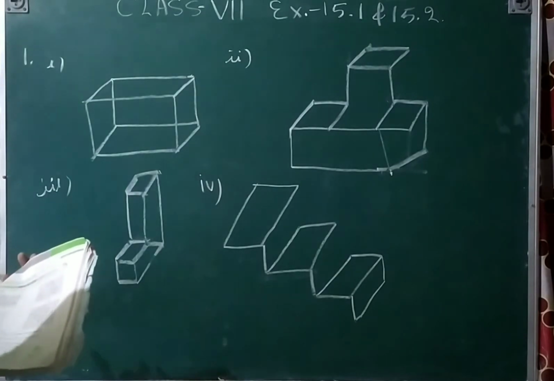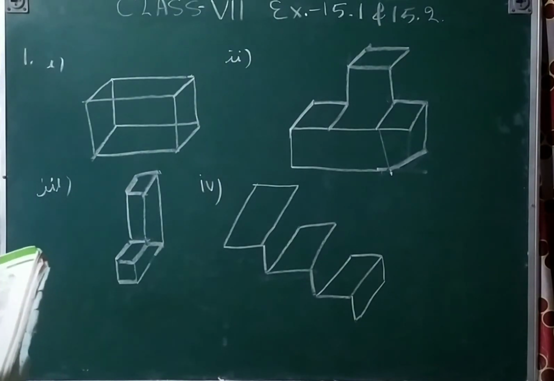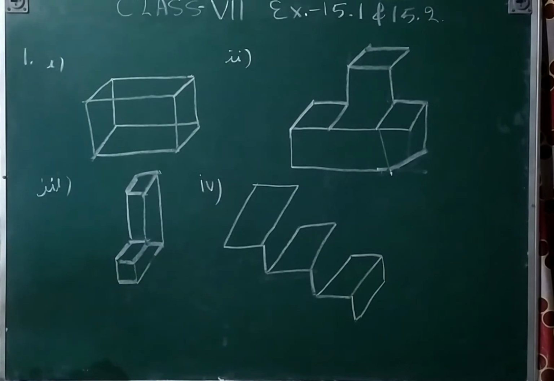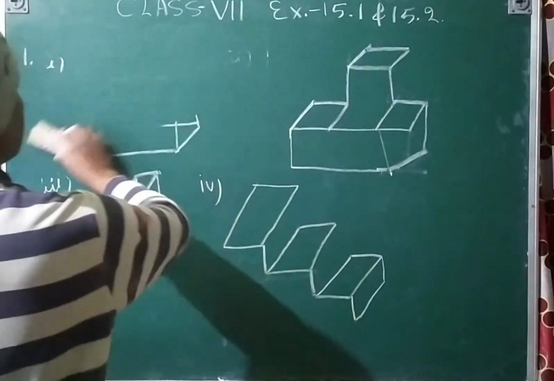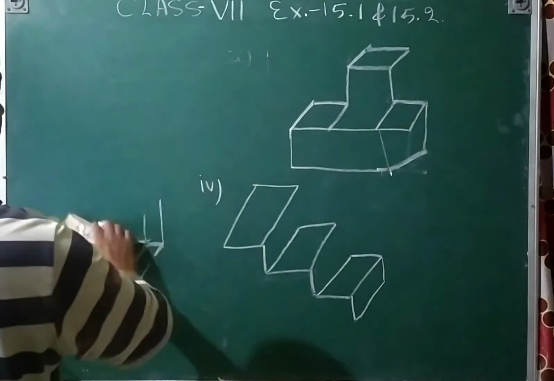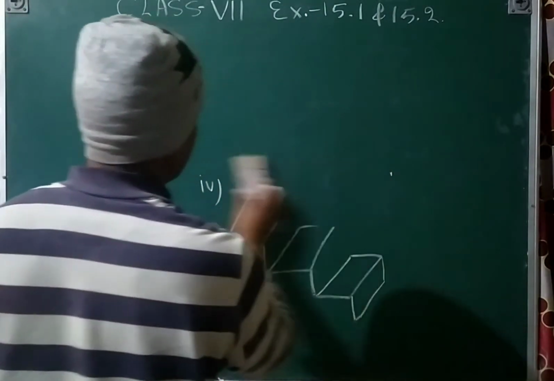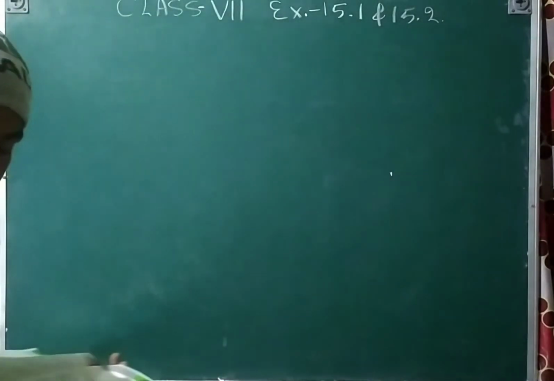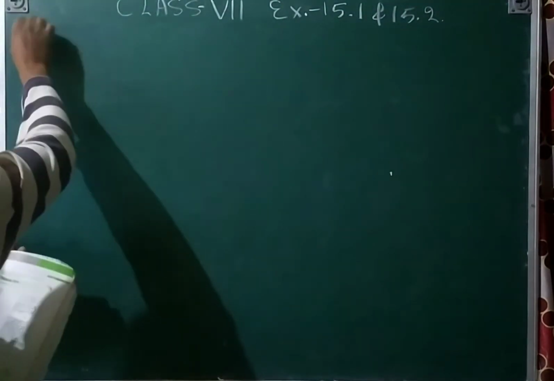Second question, the dimensions of the cuboid are 5, 3, 2. Draw 3 different isometric sketches of this cuboid. So different sketches. That will be the second question.